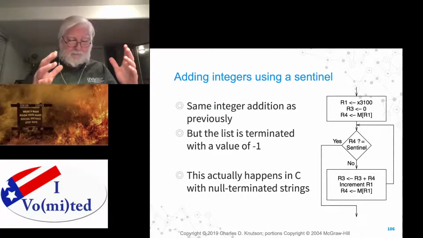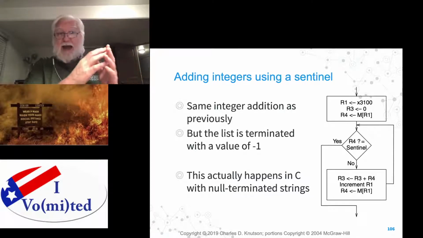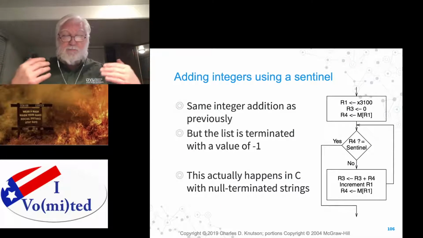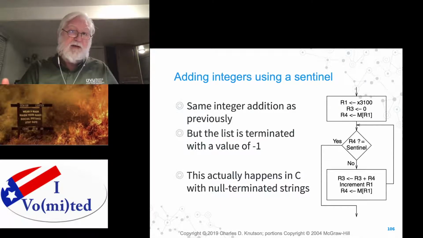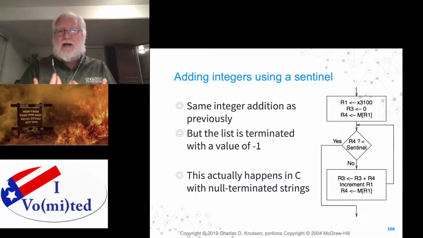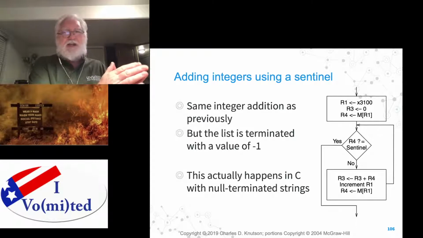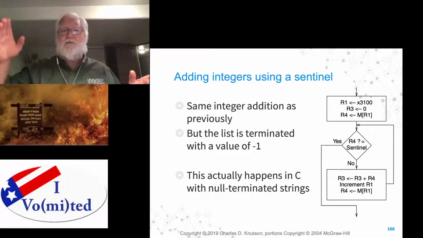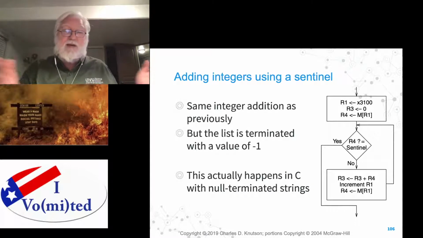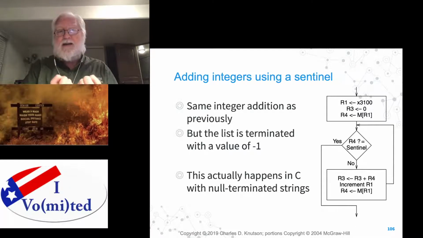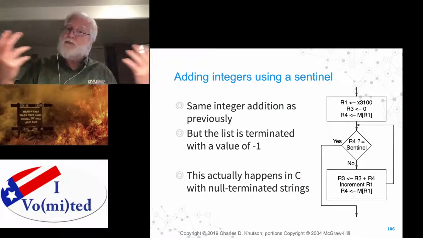If I'm adding all these numbers and I assume them all to be positive, then I'm free to put -1 as my Sentinel, as my marker that says, just keep adding them up until you find the -1. When you pull a number and that number is -1, then you're done.